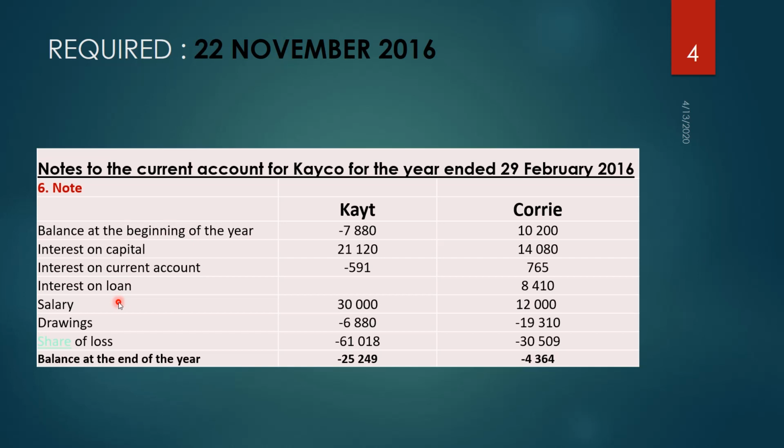Corey borrowed money. As a result, he was entitled to the interest on loan. The interest on loan has not been taken into account as per the pre-adjusted trial balance, because we're not given any amount specifically relating to interest on loan as per the nominal section of the pre-adjusted trial balance.